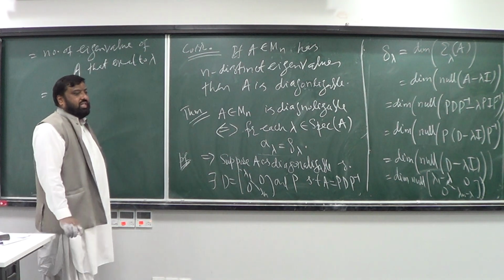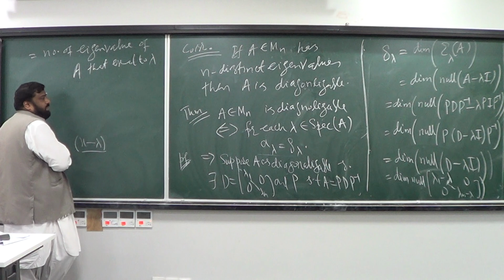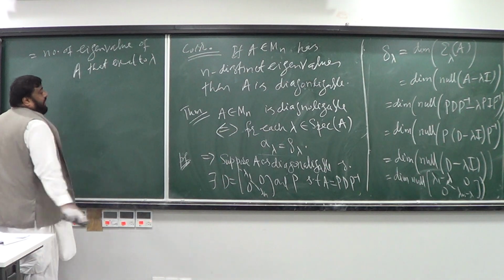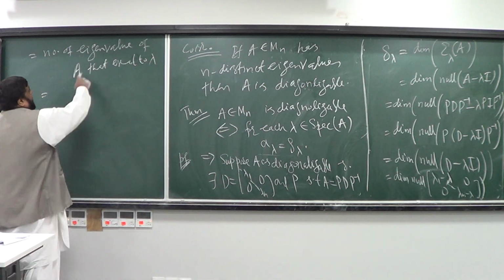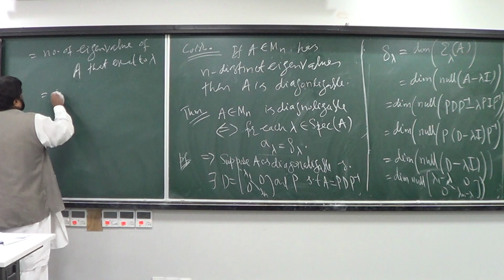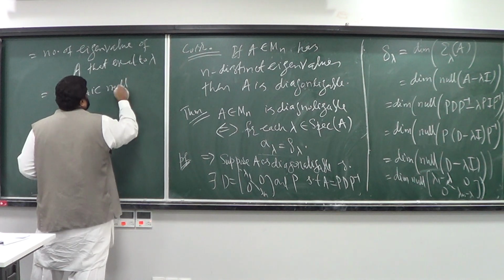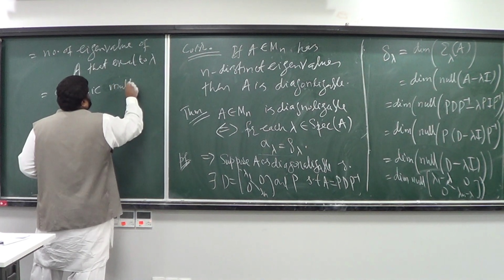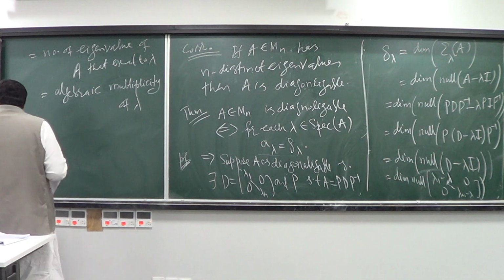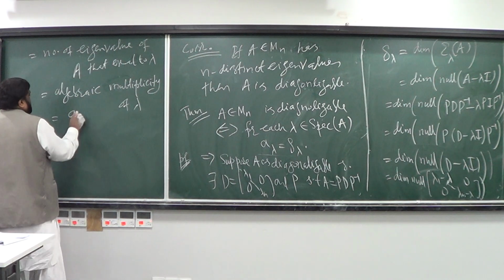So what is algebraic multiplicity? The algebraic multiplicity of an eigenvalue lambda is how many times this factor appears in the characteristic polynomial, which is the number of eigenvalues equal to lambda. So this is precisely the algebraic multiplicity of lambda.